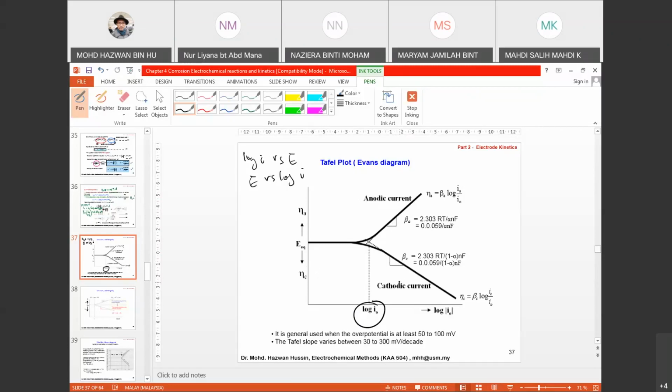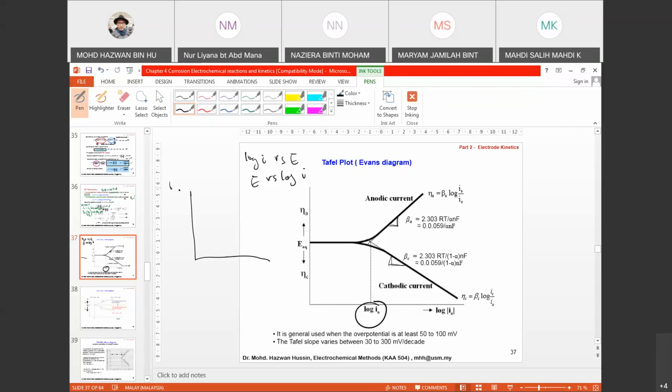So what kinds of information can you get from here? Earlier on, we have talked about the Tafel slopes, beta A and beta C. Beta A and beta C are the slopes for the anodic and the cathodic lines. I just make it in reverse lah, log I versus potential.